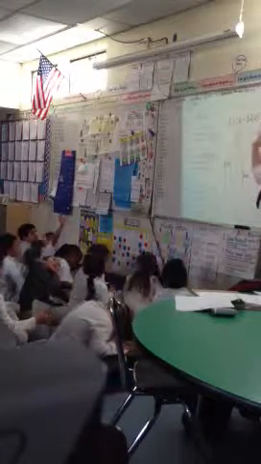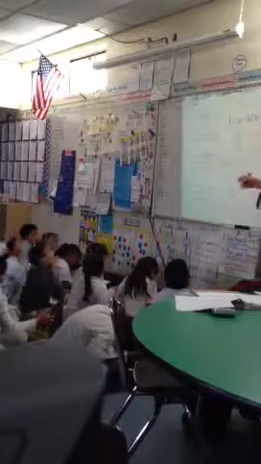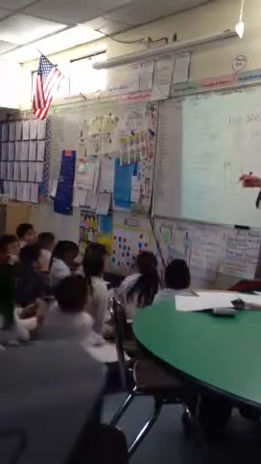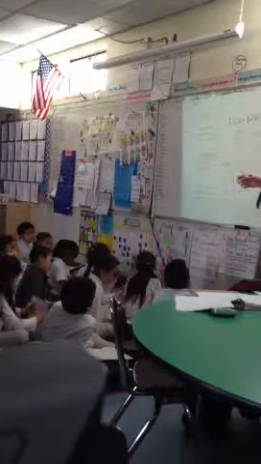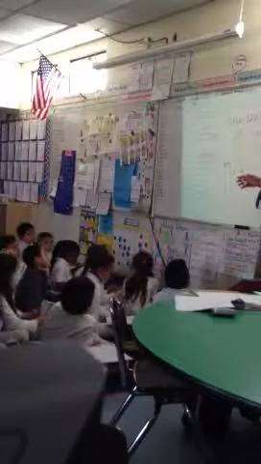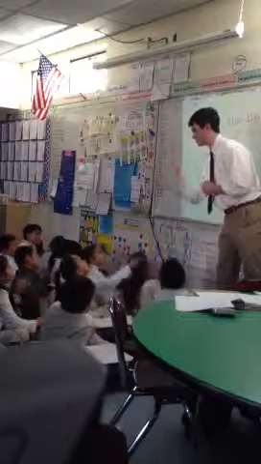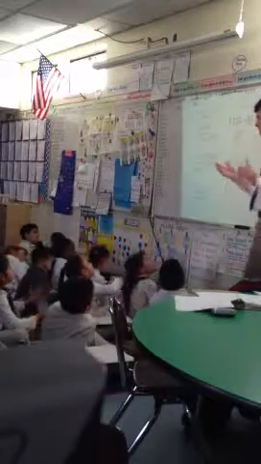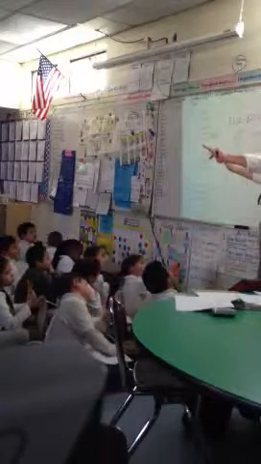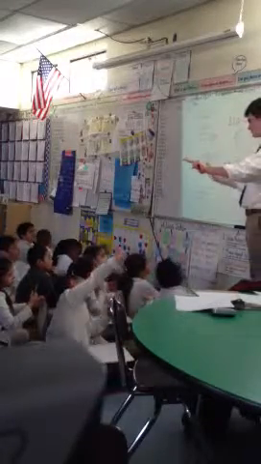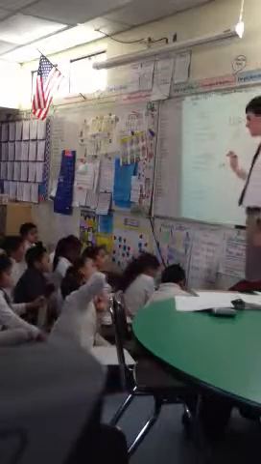Who thinks they know? How many cents? Braulio. 8 jumps of 10. Let's count. 10, 20, 30, 40, 50, 60, 70, 80. 80 cents. Okay? So, what's my change?